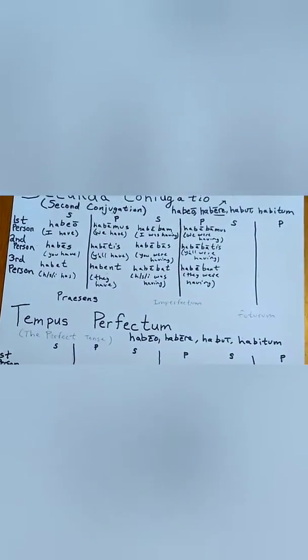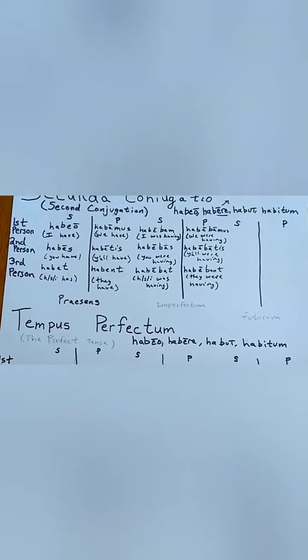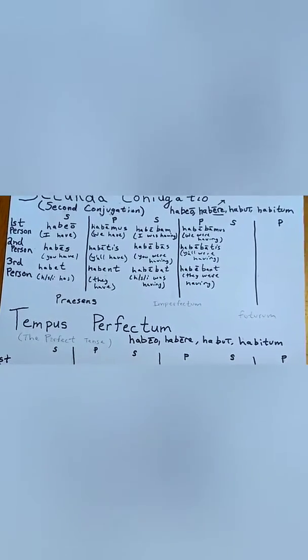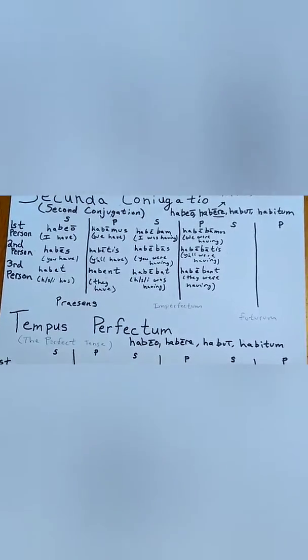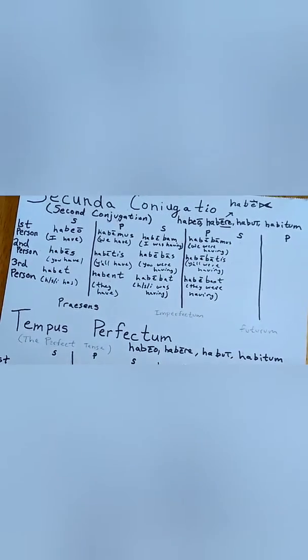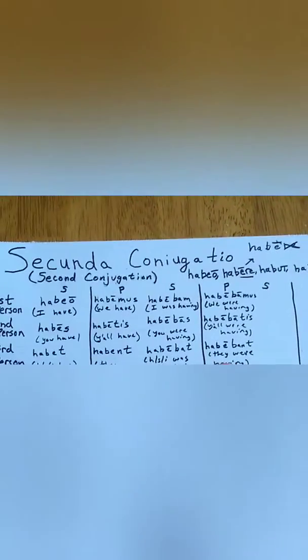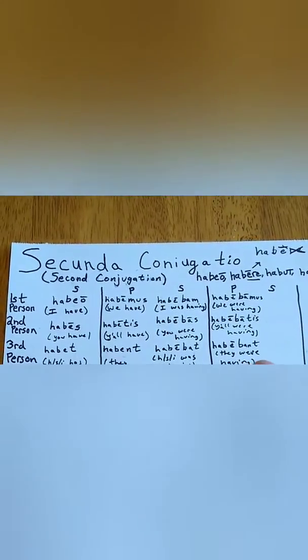Now, you could also translate this, I used to have, or I kept on having, this habebam. And for all those, you can translate them in those three ways that we know we can translate the imperfect tense. So, ecce tempus imperfectum.